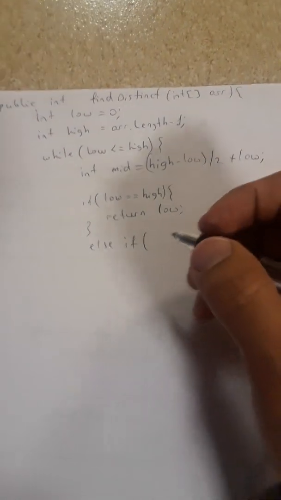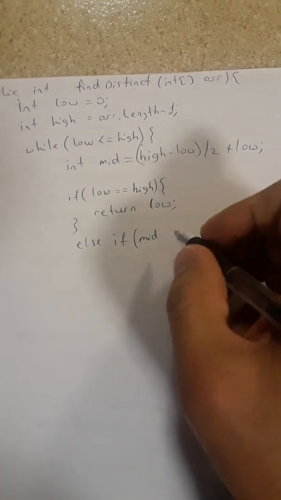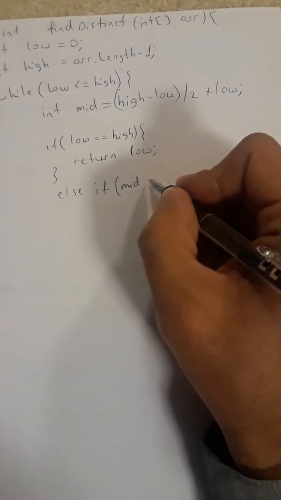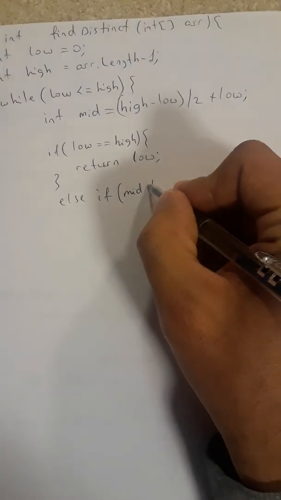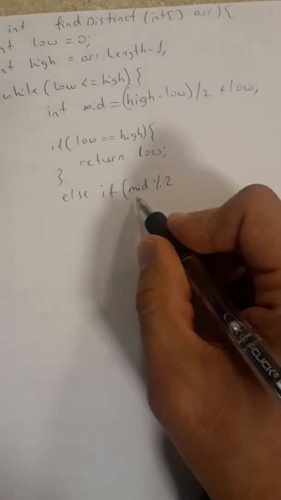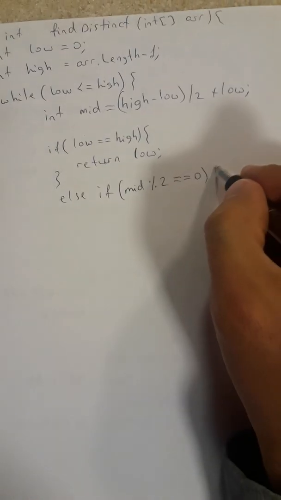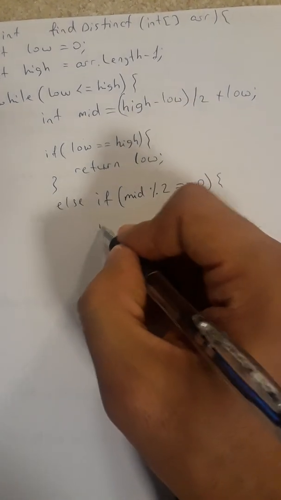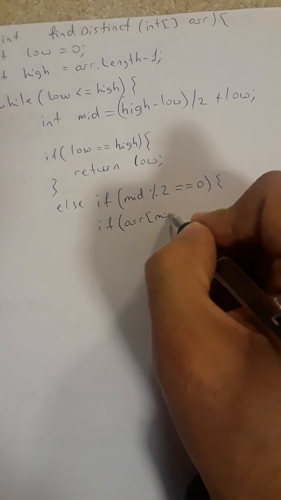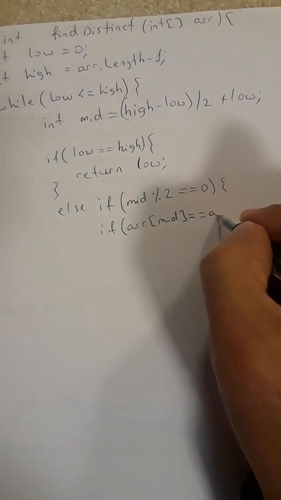I'll keep running and compare if the midpoint that we calculated is even or not. So it will be basically like mid modulus 2 is equal to 0. If it's 0, it will mean that it's even. In that case, I will just compare the element that we're pointing at with the next element.